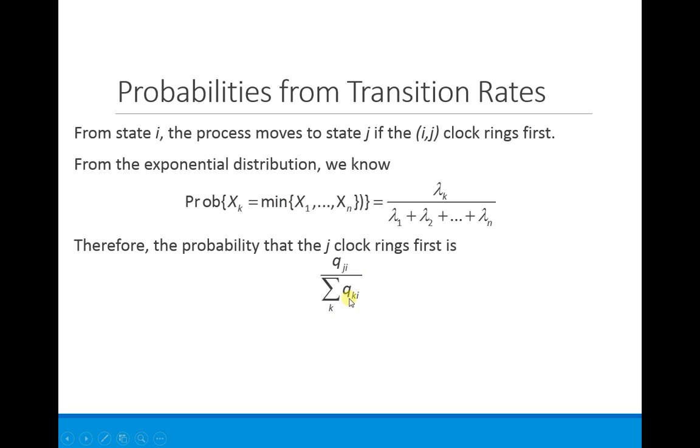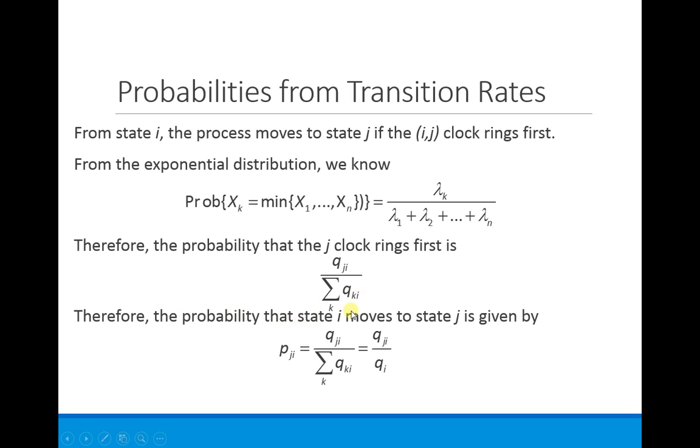So here's the sum, QKI, for all of those Ks which we can reach from state I. So the probability that state I moves to state J is simply the transition rate QJI from I to J, divided by that holding time parameter for state I, the sum of all of those parameters. This gives our embedded chain transition probabilities.